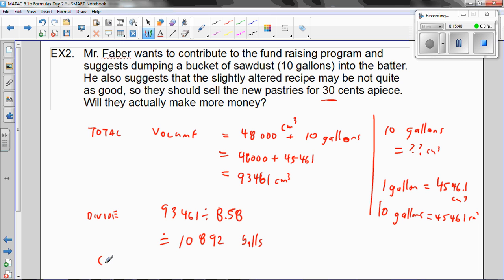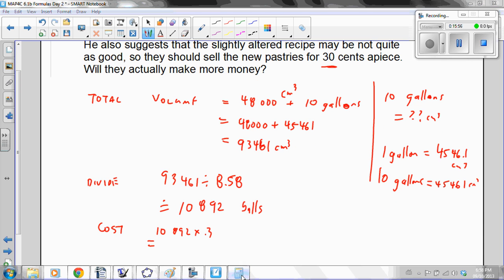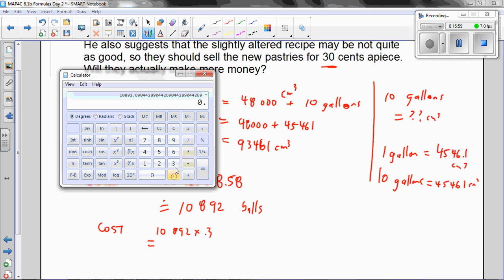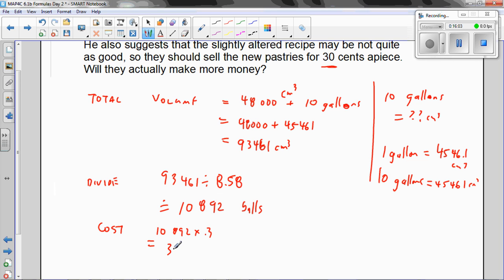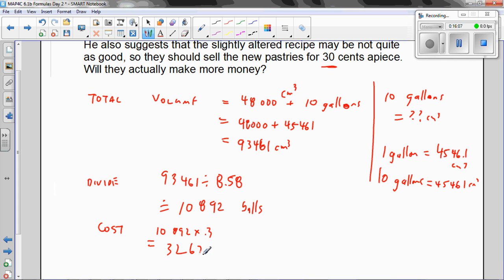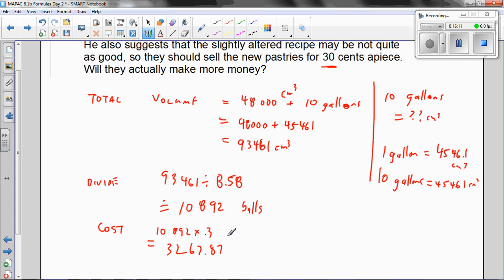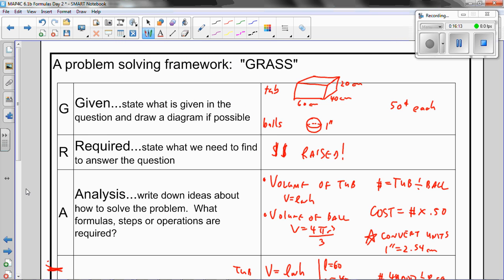And now the cost, how much we're going to raise, is times 30 cents cheaper, times 0.3. $3,267 and a few cents, 87. And is that more? I think it was, right?